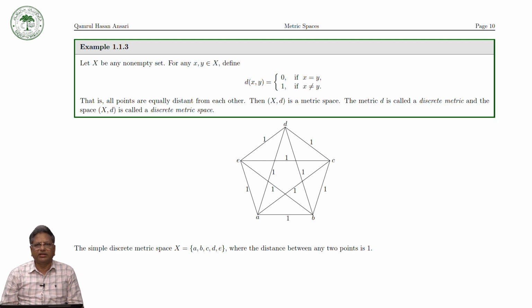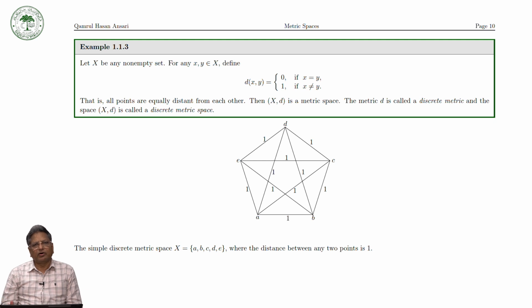We have seen that this d satisfies all the properties of a metric, and therefore d is a metric on R as well as on the set of all complex numbers. Therefore the set of all real numbers with this metric d is a metric space, and in the same way the set of all complex numbers with this metric d is a metric space.